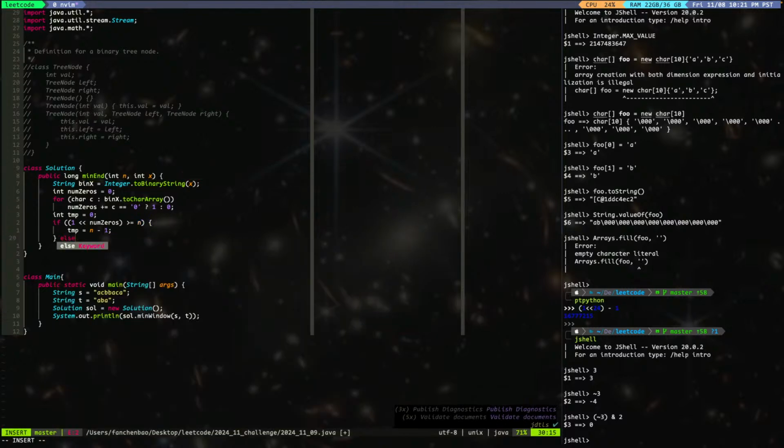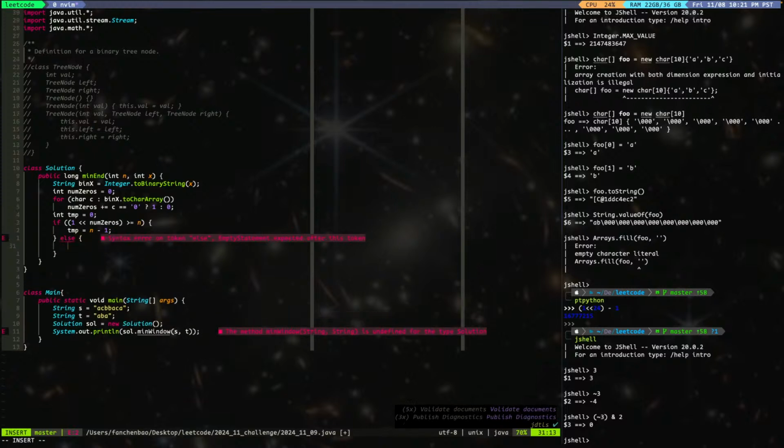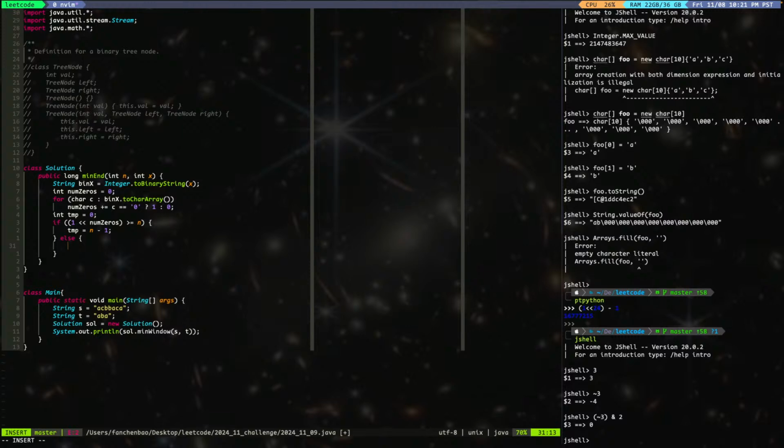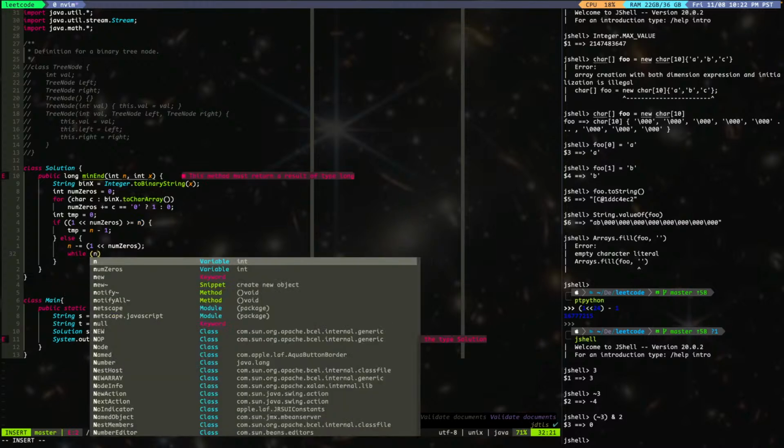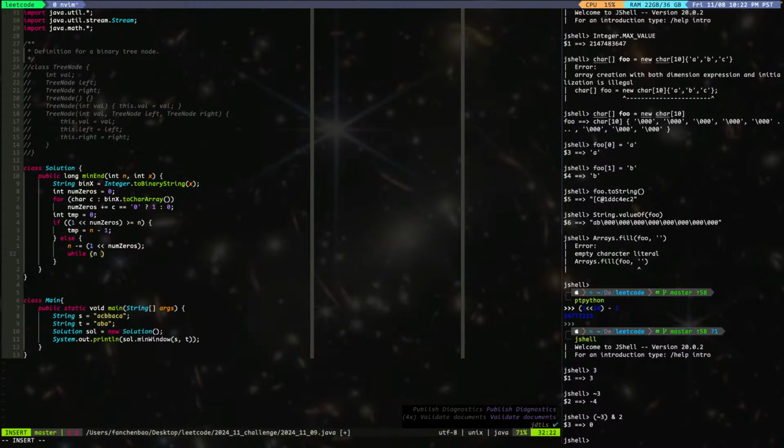Else, then what we want to do is n minus equal to one left shift num zeros. Okay, then we'll say while n is larger than 1.